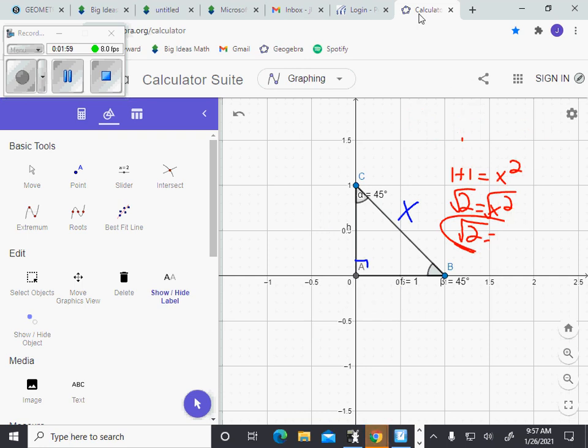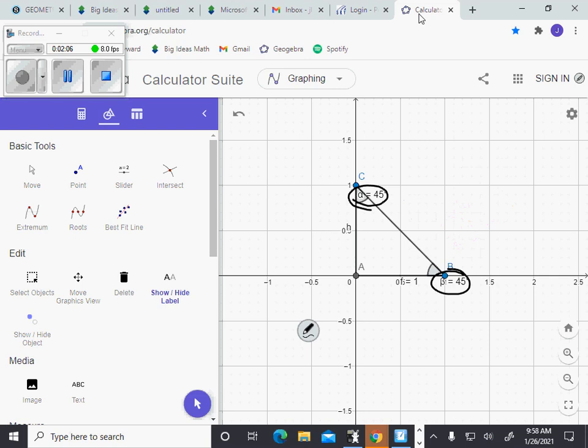What I want you to notice is we have 45 degrees, we have 45 degrees. Okay, what happens when they're 45 degrees? These angle measures are the same. And this distance here is x times the square root of 2. X in this case is 1.